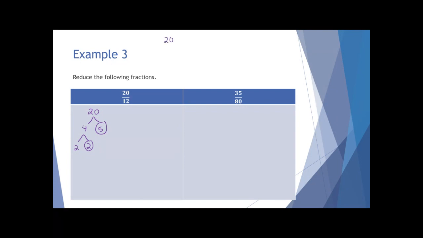I'll do that up here. So if you do 10 times 2, and then 10 is 2 times 5, you still have two 2's and a 5. So you get the same answer. So use whichever numbers come to your head first. There's no wrong way to do prime factorization because you'll get to the same answer.